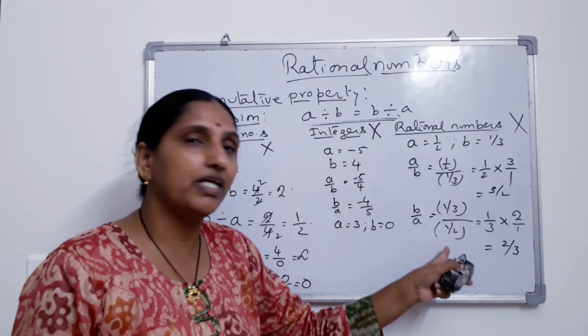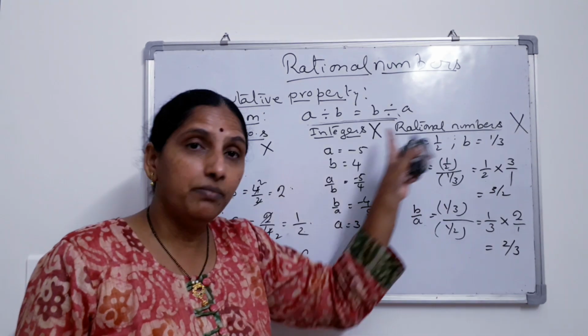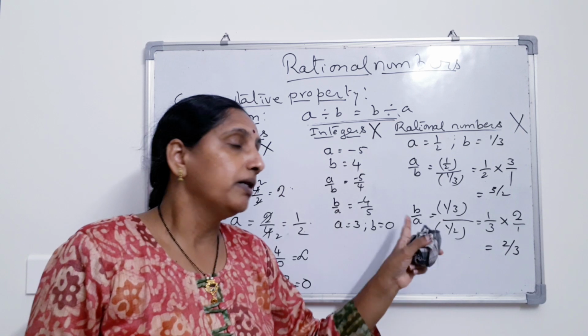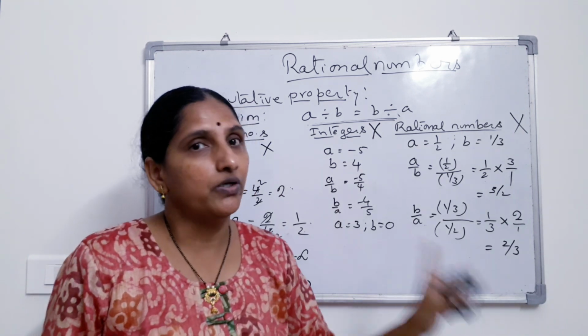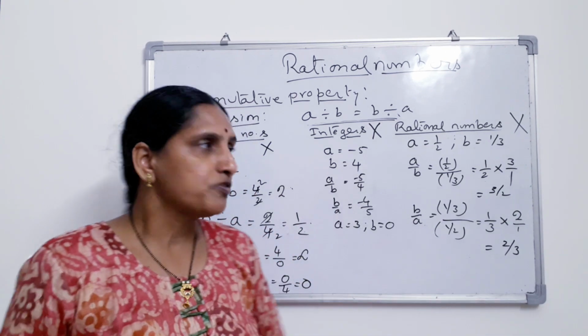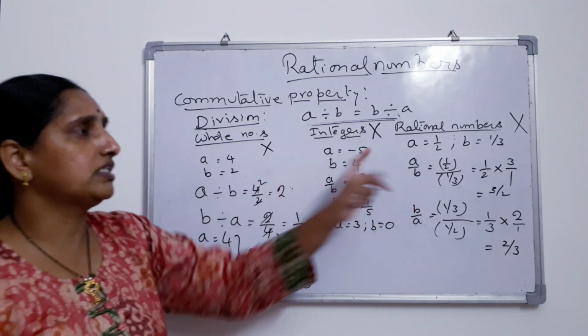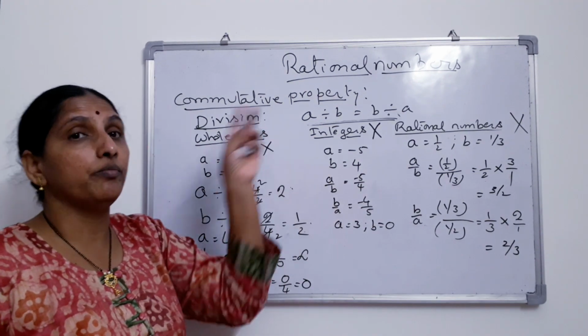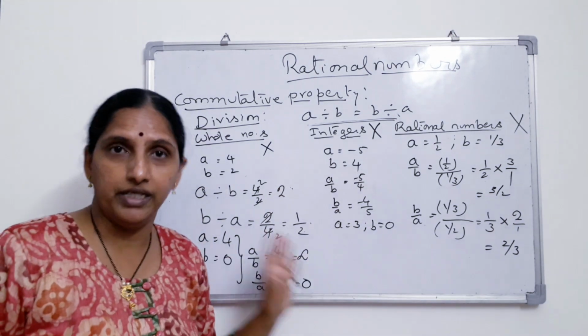If you take 0 again, first of all, in one particular case, it is not going to become a rational number because in the p by q method, q is not equal to 0. Clear? So, in all the three cases, you can see that under division, commutative property is not obeyed.